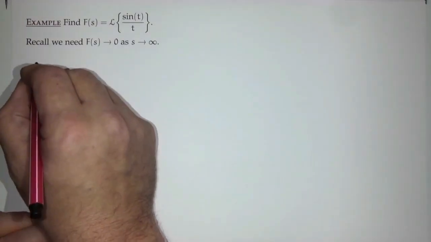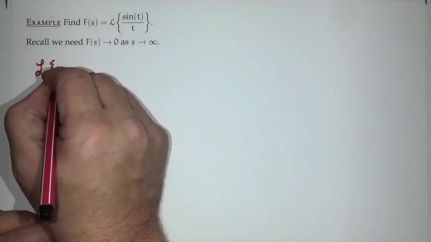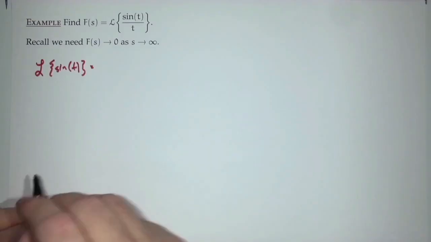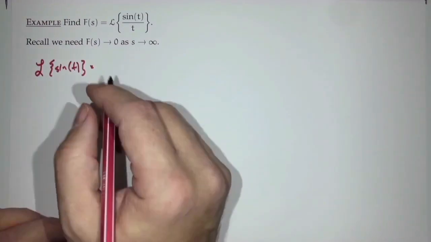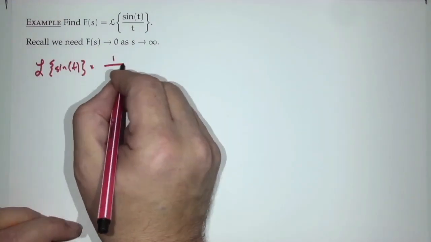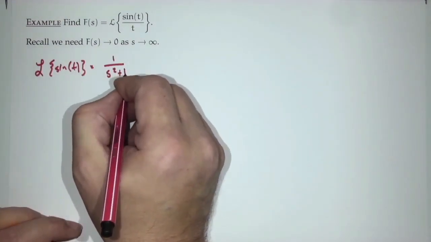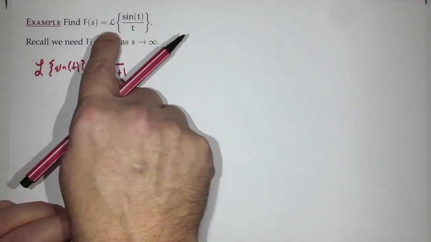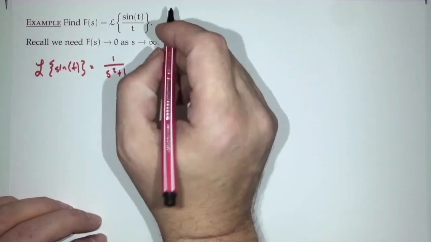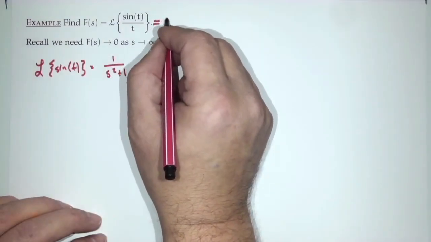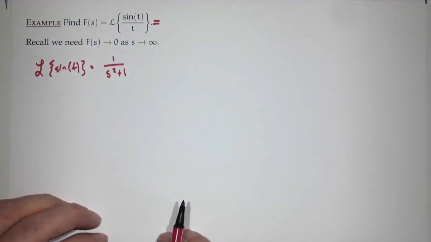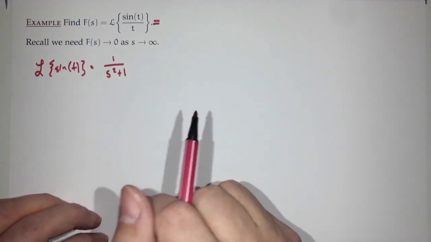The Laplace transform of sine of t, I'm just copying it from the sheet here, is 1 over s squared plus 1. Let's give the Laplace transform of sine t over t a name. We already have a name, F of s. Okay, we don't need to give it a name. Great. This is the fun part.